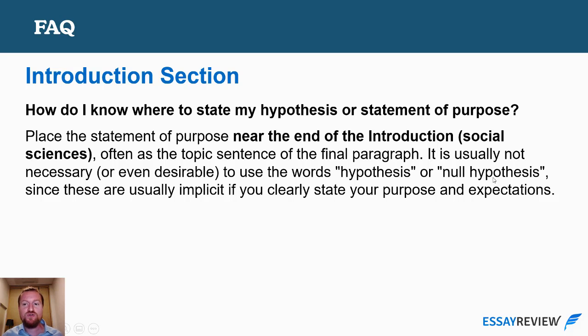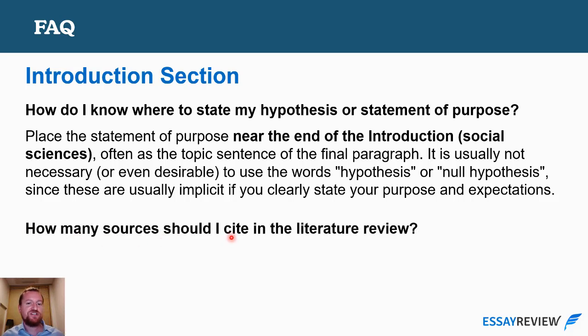However, you want to make sure two things: that you use the form phrase and make it clear to the reader that this is your hypothesis, this is your statement of purpose, and you want to follow the guidelines of your journal. Now, as we also said, for humanities, the thesis statement should generally be in the first paragraph or second paragraph somewhere, usually near the end of the first paragraph.